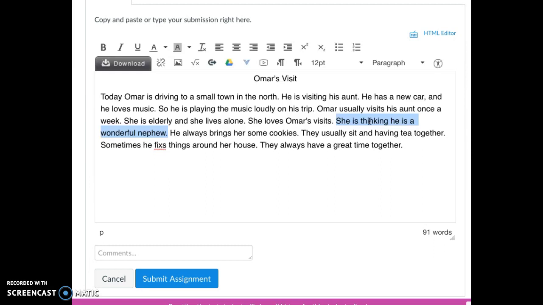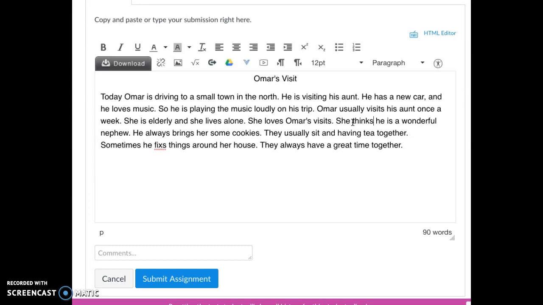But then there's also the meaning of think that is opinion. It's her opinion that he is a wonderful nephew, right? She's not using her brain here. This is her opinion. Opinions are non-action verbs, so we're not going to use ing. She thinks he is a wonderful nephew.